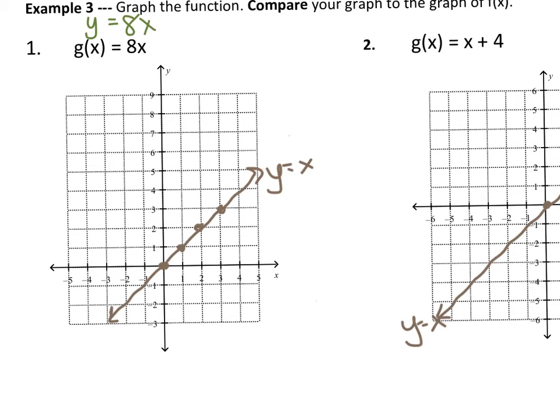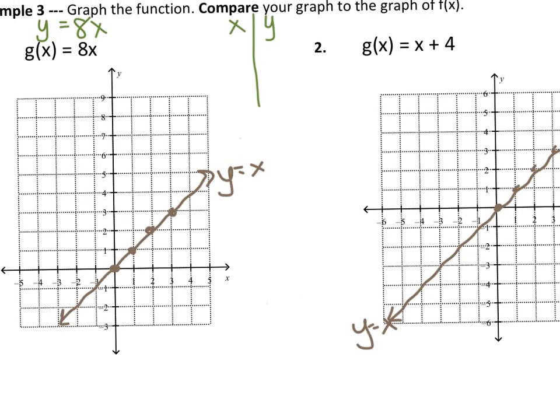So when I create this table, I'm going to complete this table. I'm going to pick a few values. I'm just going to pick a negative number, 0, and a positive number, so I can kind of see what's happening to this line on either side. So negative 1 times 8 is negative 8. 8 times 0 is 0, and 8 times 1 is a positive 8.